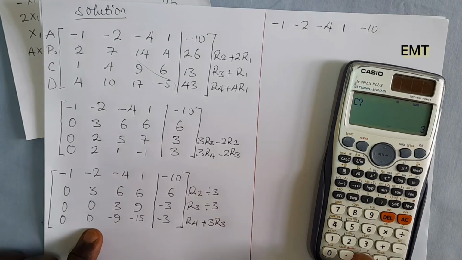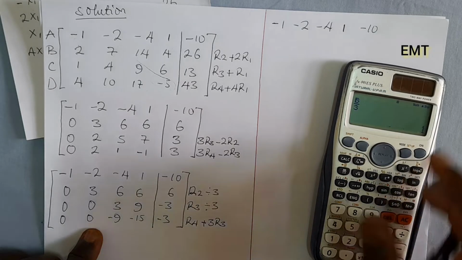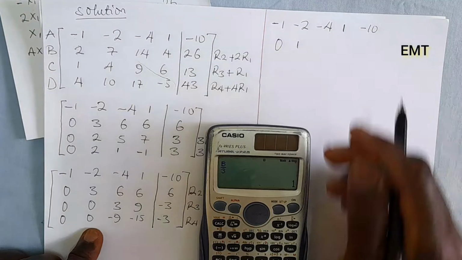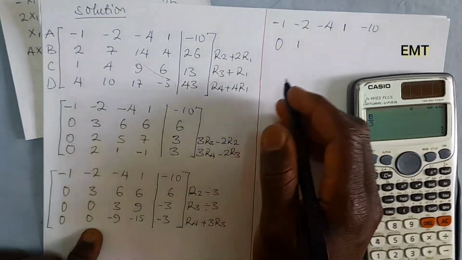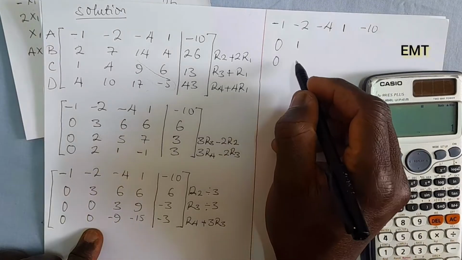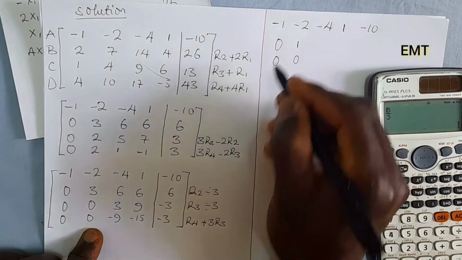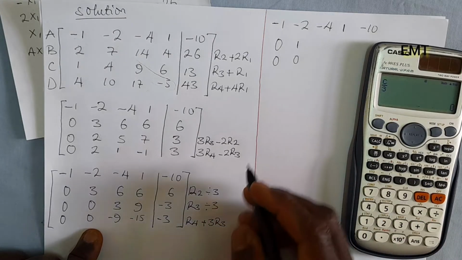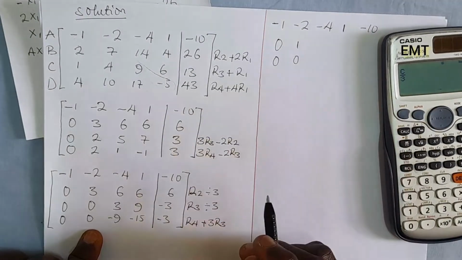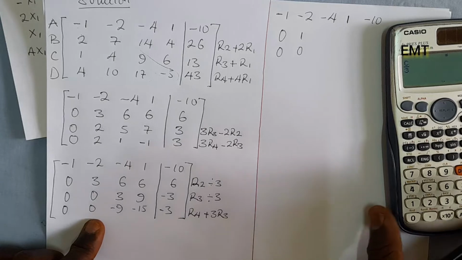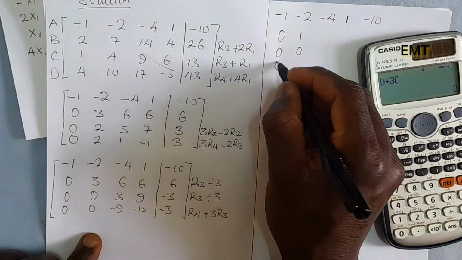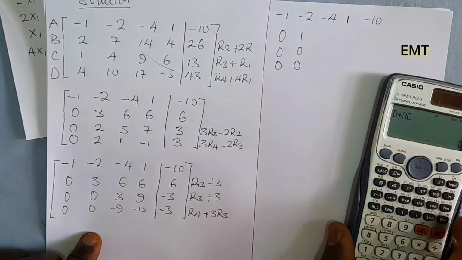See, the rest of them are zeros. So B is 1. So we start with the 0, and here is 1. Here also, let's take these zeros because they will not change. So C is also 0. We have already returned it. D is also 0. We write it like that.